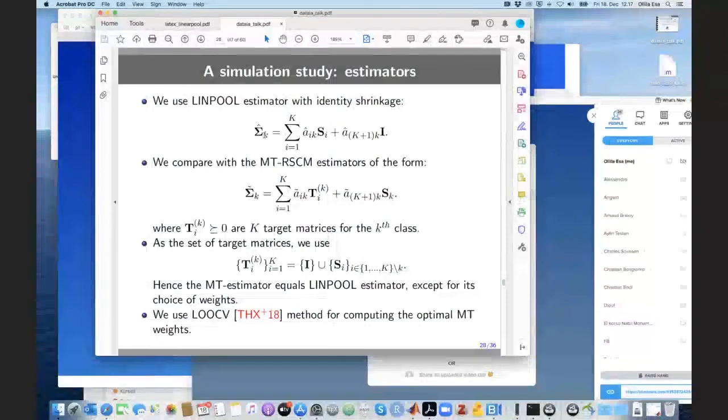The only difference is that it may have different weights. I'm using the method proposed in this paper, which is called the leave-one-out cross-validation method. They proposed a cross-validation criterion using the idea of leave-one-out cross-validation, and they showed that there is a fast way to compute these weight terms. So I'm comparing how our approach compares to such an approach, and I'm also comparing how these LINPOOL estimators compare with just using the sample covariance matrices.